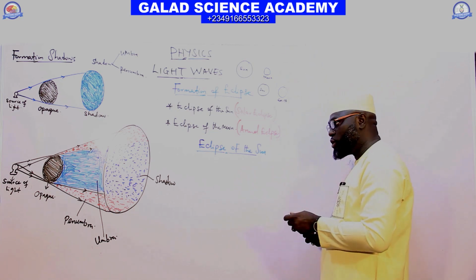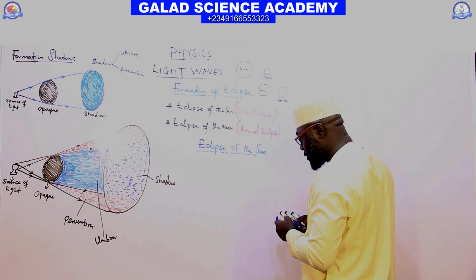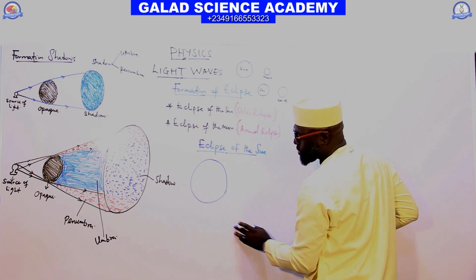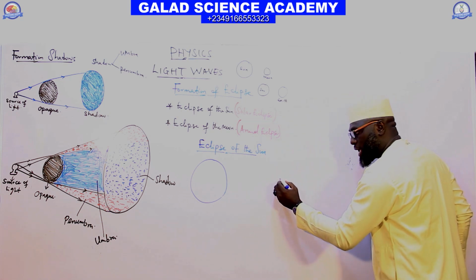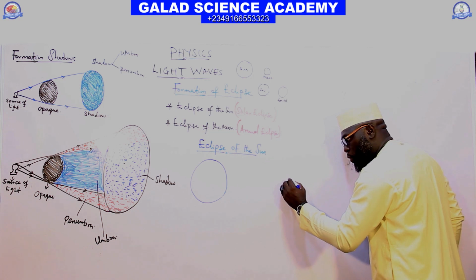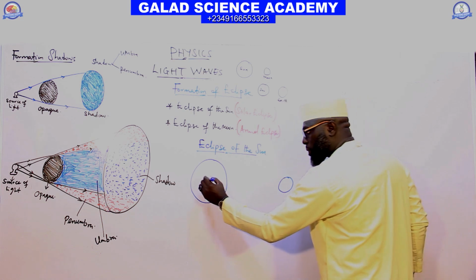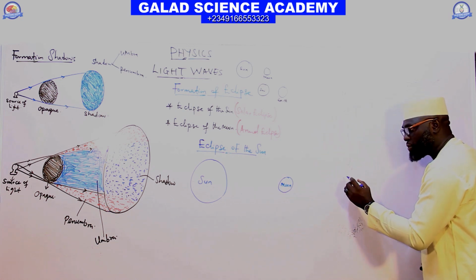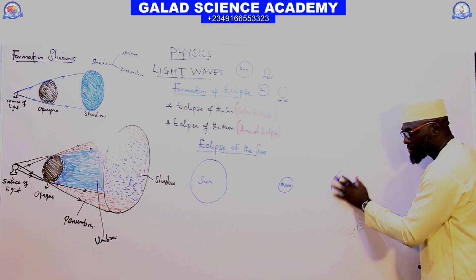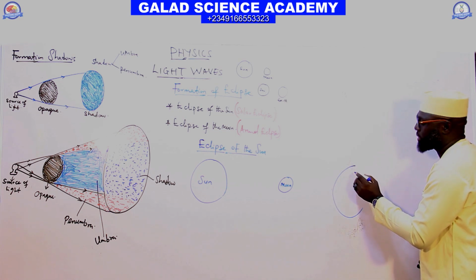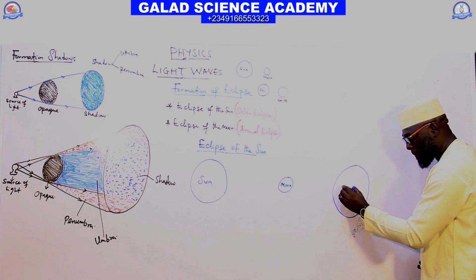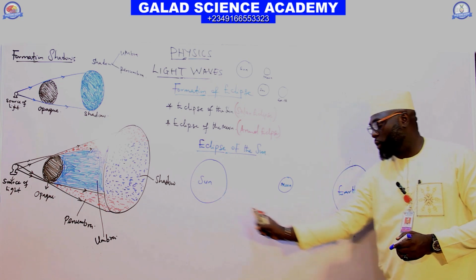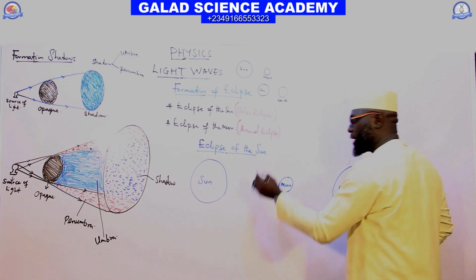Assume this is the sun, and here we have the moon, and here we have earth. When this moon is in between the sun and earth, the eclipse we get is called eclipse of the sun.